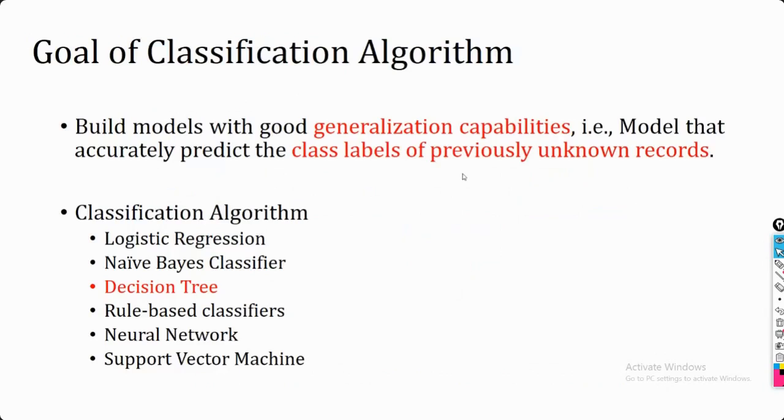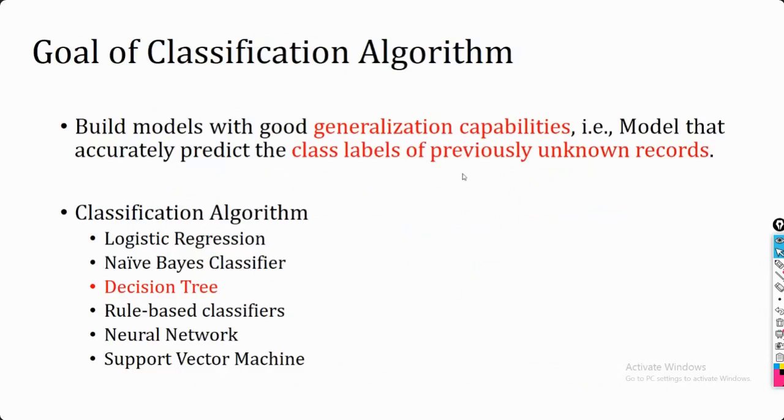Now there are different types of classification algorithms. This is not an exhaustive list. Here I have mentioned some of them, and throughout the series, some of the classification algorithms will be covered in the coming classes: logistic regression, naive Bayes classifier, decision tree, rule based classifier, neural network, and support vector machine.